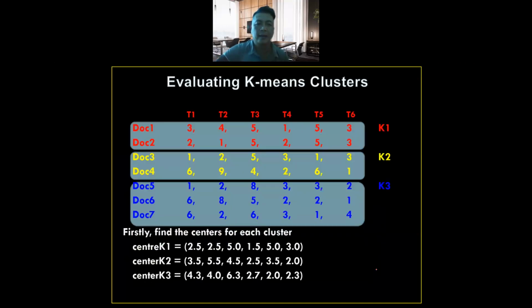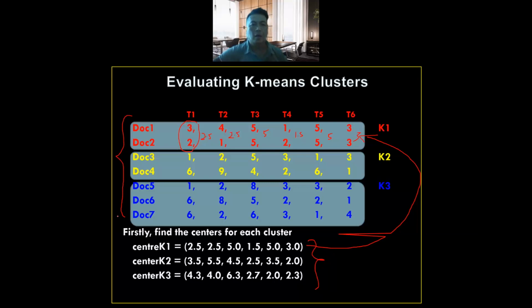We just take the average. So the average for this will be 2.5, this is 2.5 again, this is 5, this is 1.5, this is 5, this is 3. That's how we get this. So this is the center of your cluster for these three clusters.